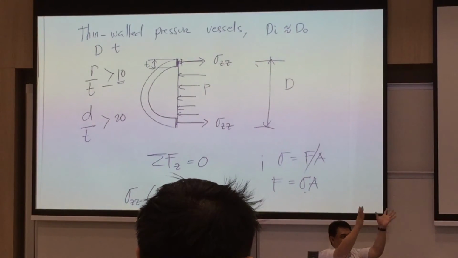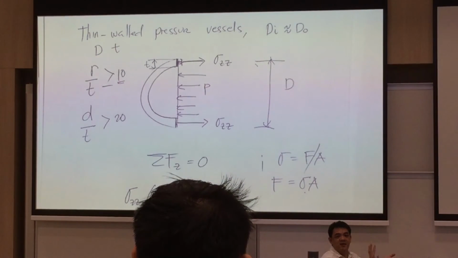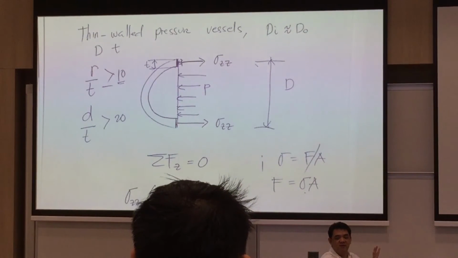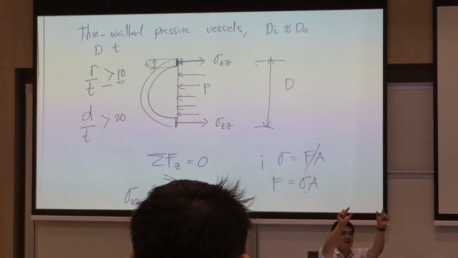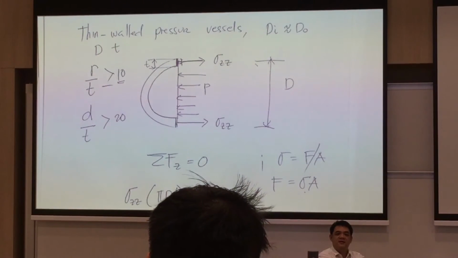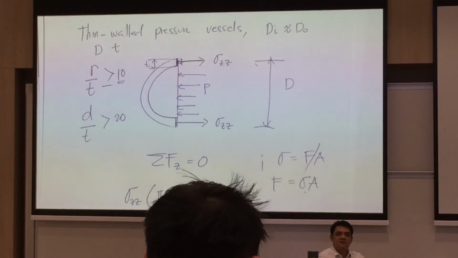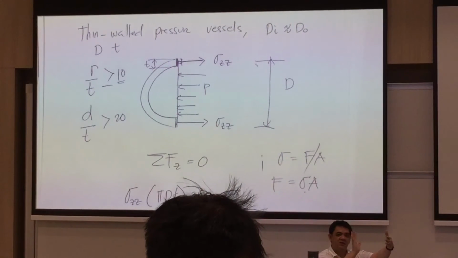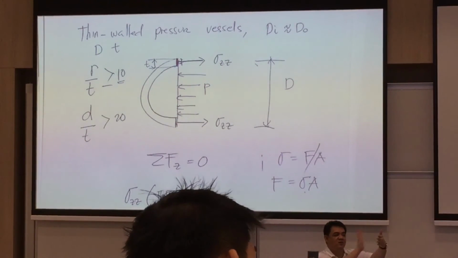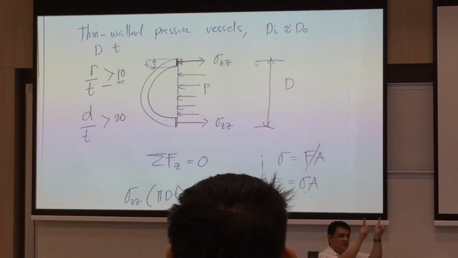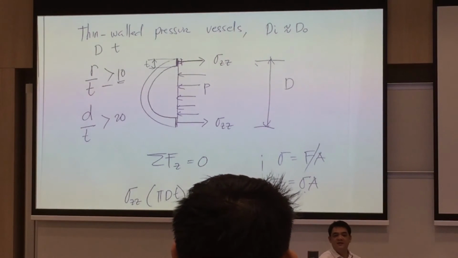So pressure multiplied by that area. So the area, of course, is the area of the circle. While that sigma z is just acting on that thickness around. Right? While the fluid or whatever gas you have inside the pressure vessel will be acting upon that circular area.